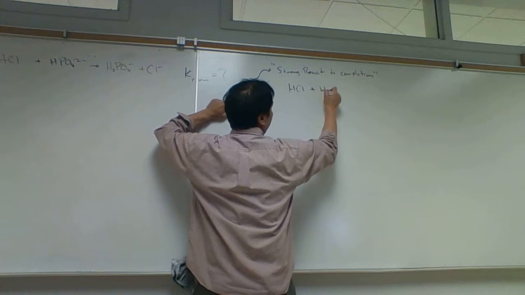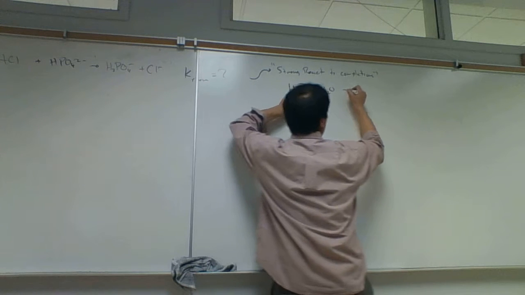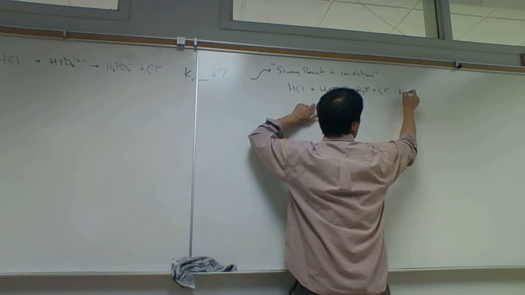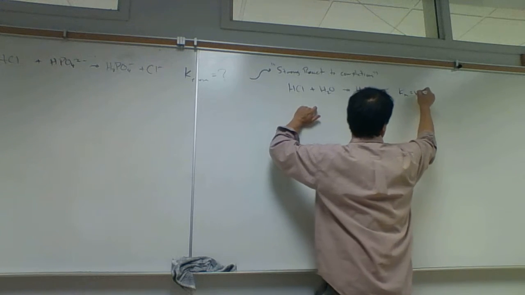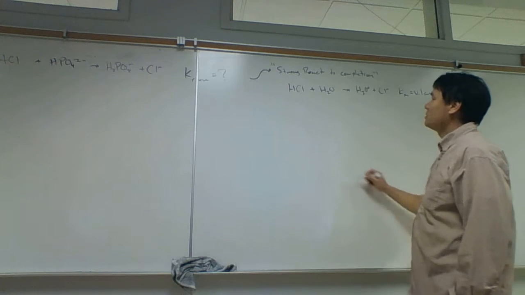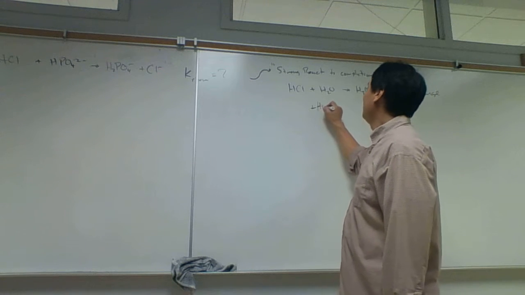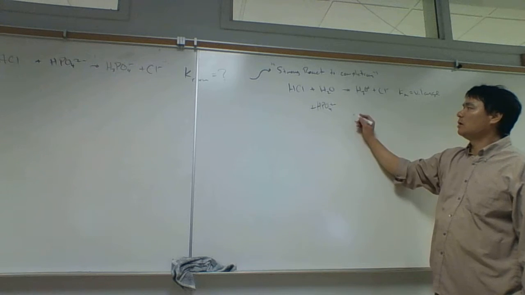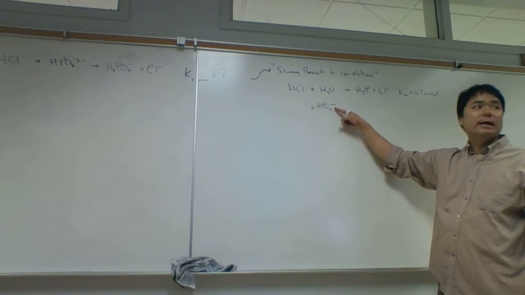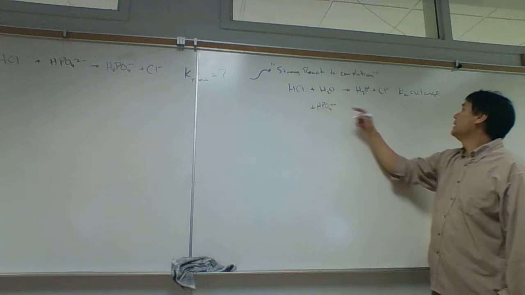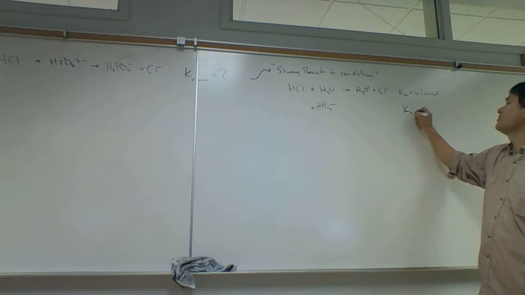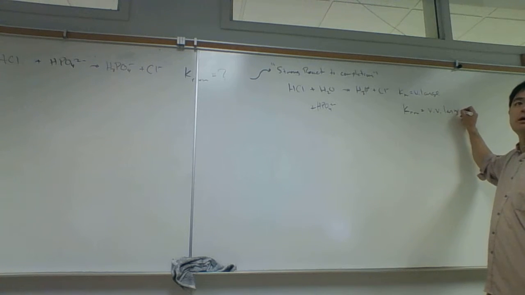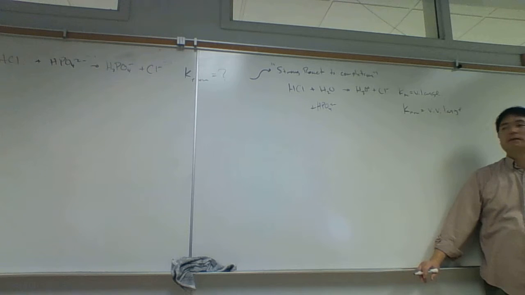HCl plus water goes to hydronium plus chloride. What is Ka for this? Very large. Now we have to ask ourselves, is HPO4 2 minus a better base than water or a worse base than water? This is a better base. If this is a better base, then we're going to say that the K for this reaction is very, very large because it's a better base, right?